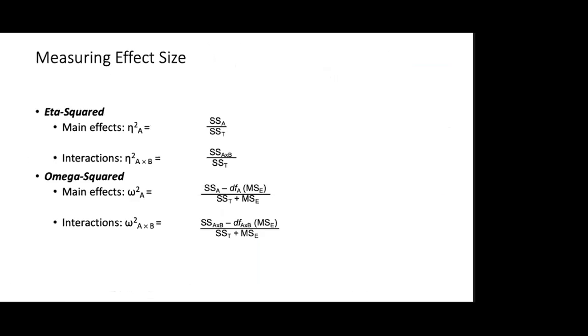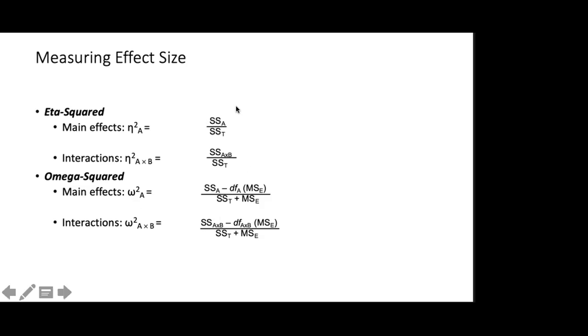All right. Effect size. Effect size is the same as for one-way ANOVA. We're just breaking down the effect sizes for main effects and interactions now, but the effect size measures are exactly the same. We have eta squared and omega squared. Eta squared is biased. Omega squared tries to correct for this bias and estimate the true population effect sizes, so it's always preferred.